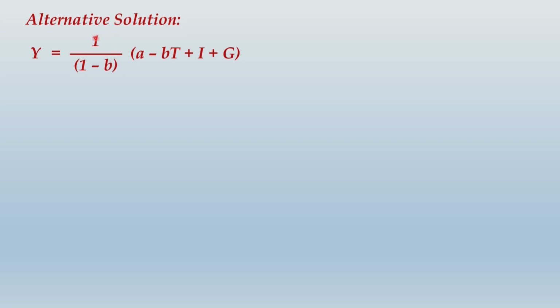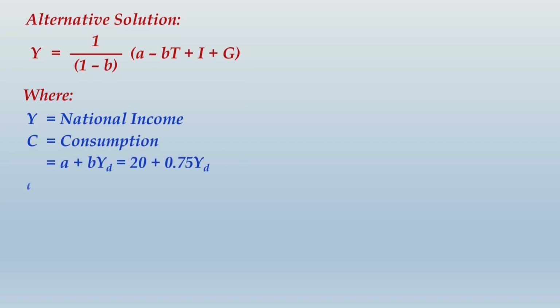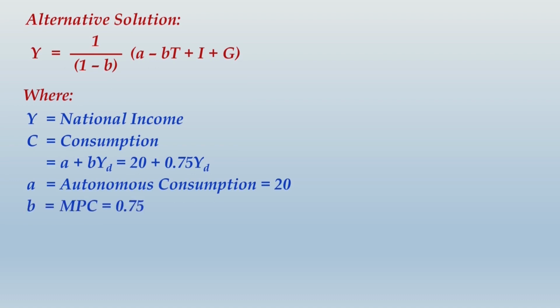That would give you the size of the multiplier, and when the size of the multiplier is multiplied to this term, it will directly give you the amount of national income. Because you have used all the variables in this equation, you define each of these variables along with their respective values. The value of Y is definitely unknown, we have to find it, and for the other variables, where the values are known, you just keep substituting the values.